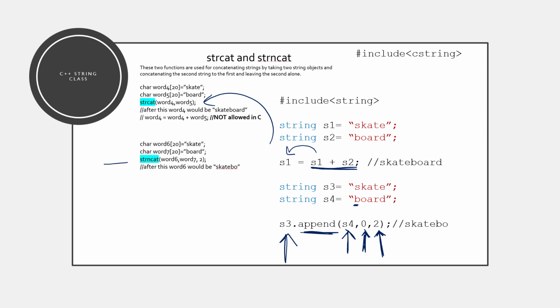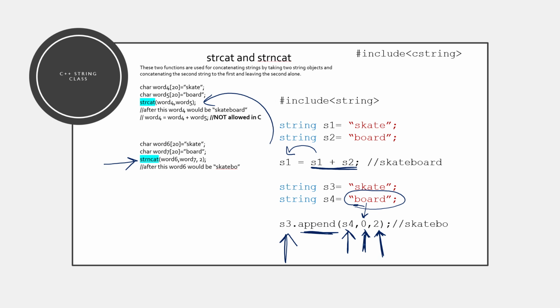This to me is more straightforward, but this gives you more freedom because you're going to say from where in this word do I want to take the letters? Do I want to take it from the beginning, which is at index 0, or do I want to take the R and the D, which would be index 0, 1, 2, which would start at index 3.